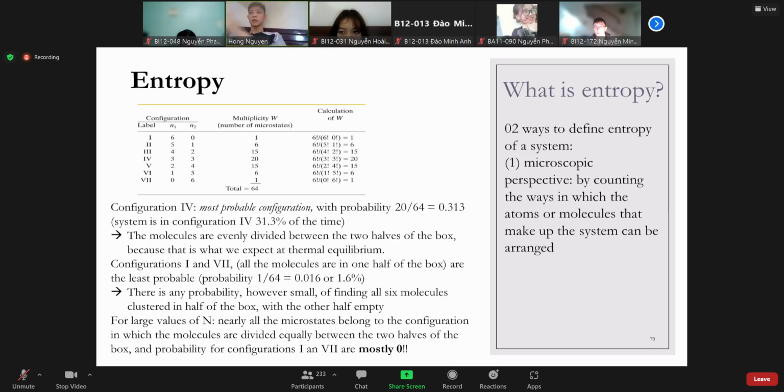If we reconsider our example of an egg dropped onto the floor, the egg will be broken, because that is the configuration having the most probability to happen.